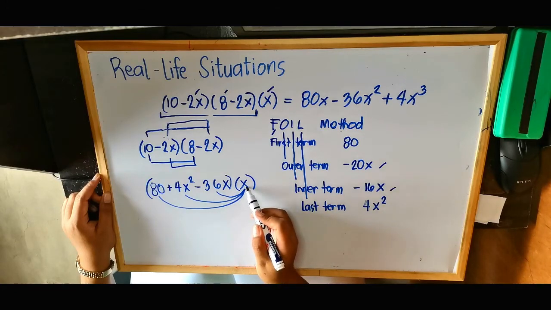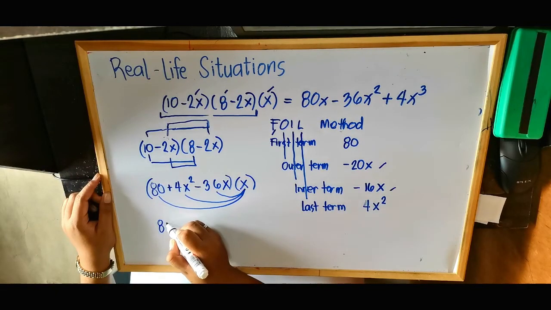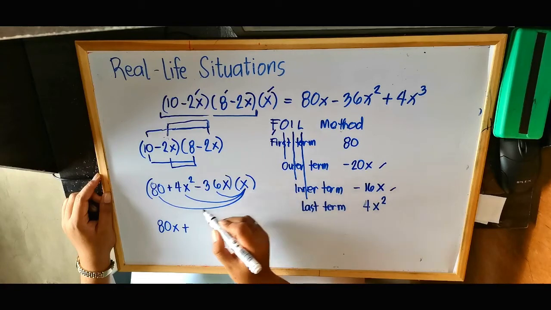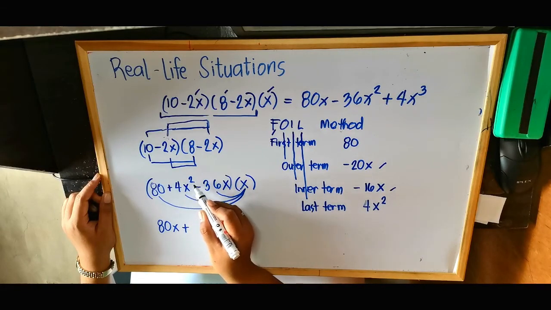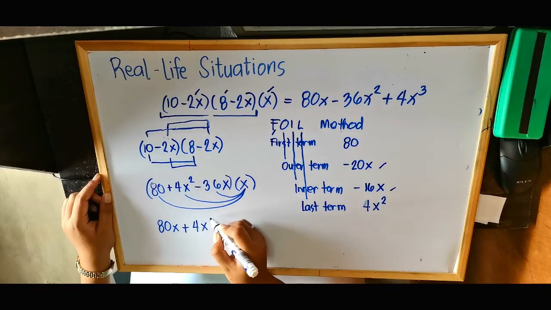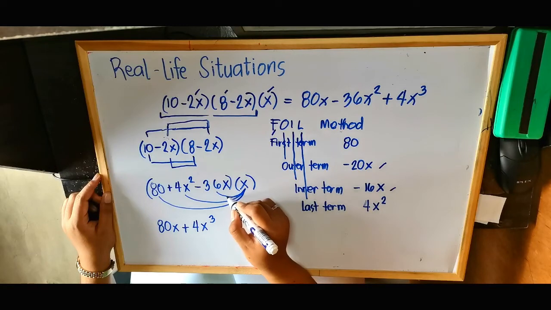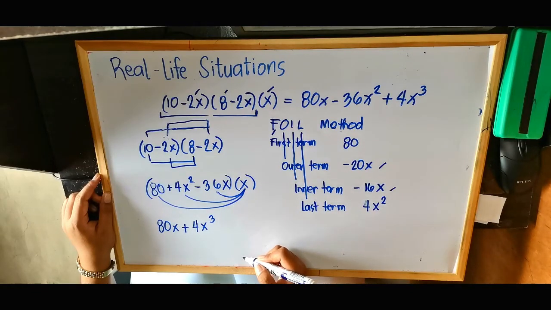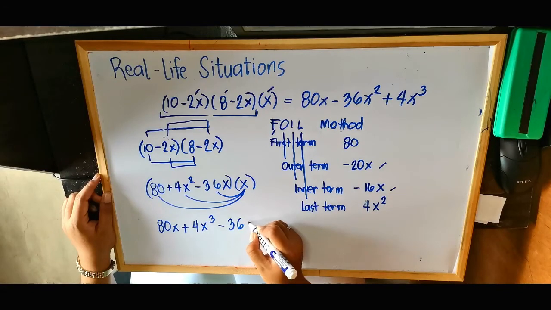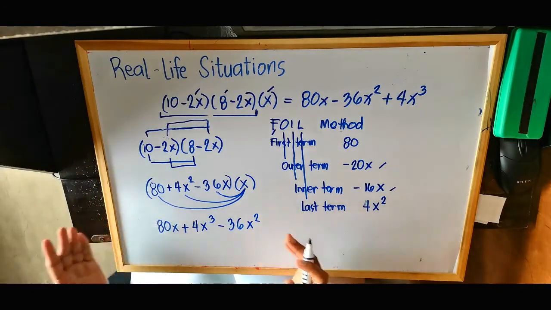We have x multiplied by 80, we have 80x, plus x multiplied by 4x squared, we have 4x cubed. And then, we have x multiplied by negative 36x, we have negative 36x squared.